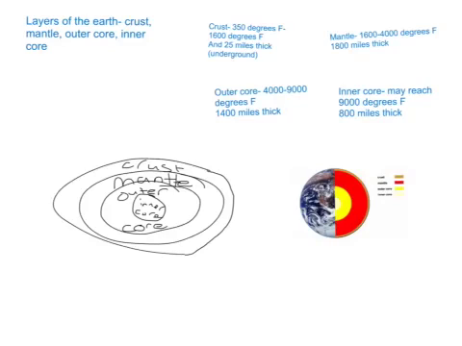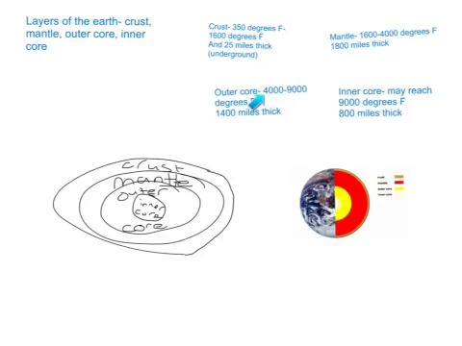Okay, something totally different than the other ones is layers of the Earth: crust, mantle, outer core, and inner core. The crust is 350 degrees Fahrenheit to 1,600 degrees Fahrenheit and is 25 miles thick. The mantle is 1,600 to 4,000 degrees Fahrenheit and is 1,800 miles thick.